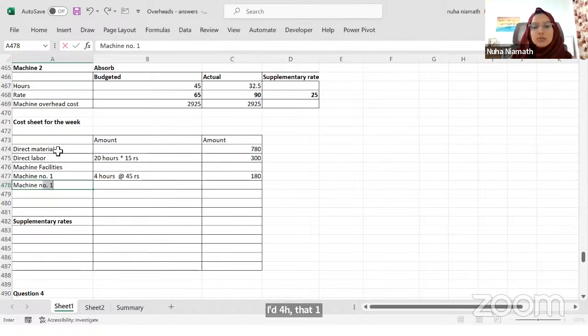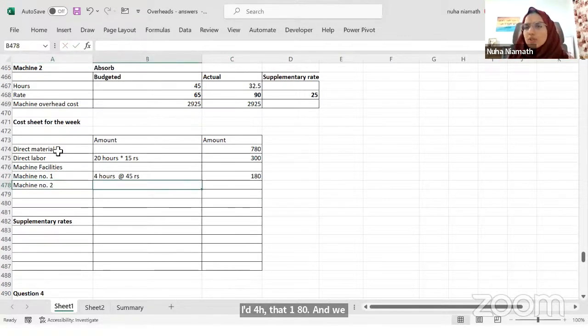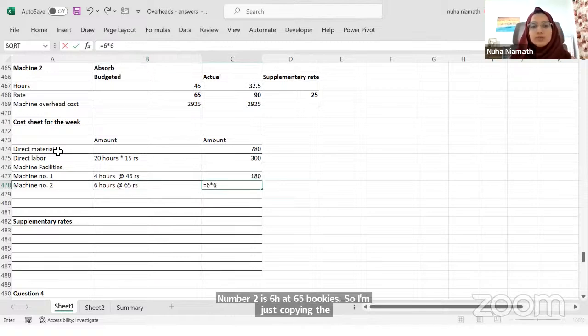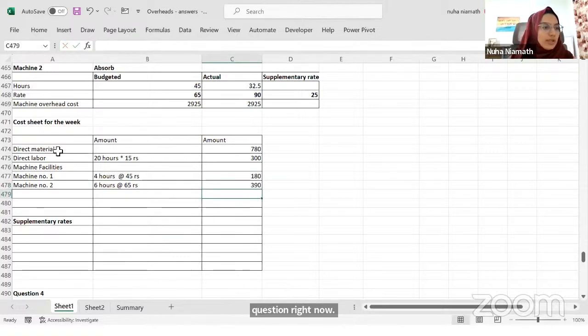Then we have machine number 2. Sorry, did anybody have a question? Machine number 2 is 6 hours at 65 rupees. I'm just copying the question right now, so there is no brain work here. 65 total of 570.